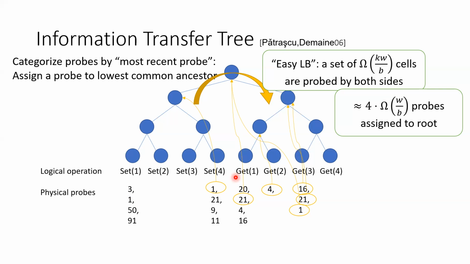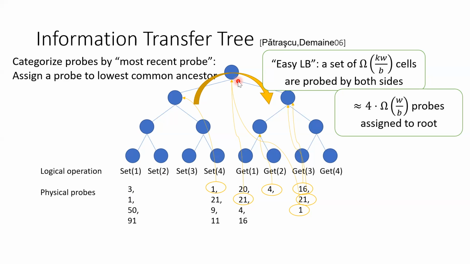I mean, the left side and the right side have to intersect at a large enough number of cells in order to transfer the random string from the left side to the right side. And by definition, this overlapping set is exactly the number of physical probes that are assigned to the root node of the tree.